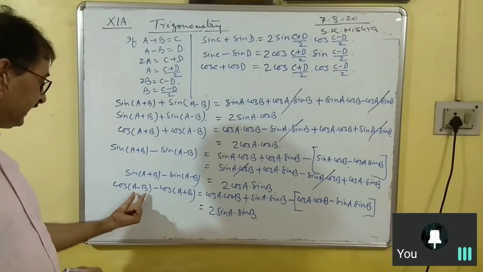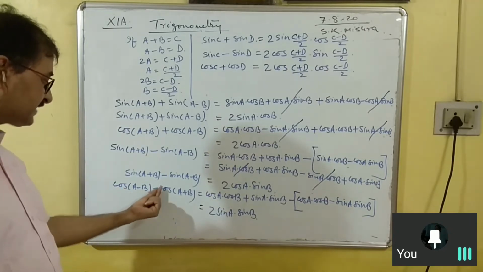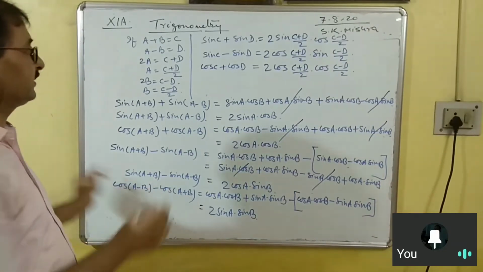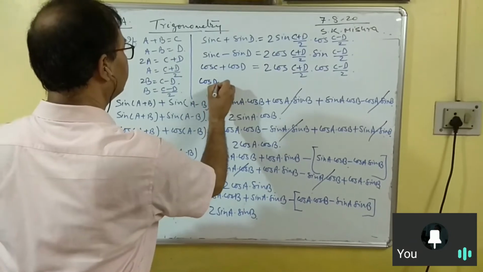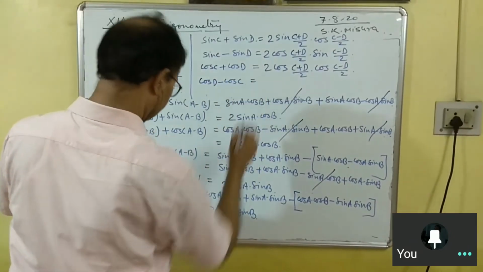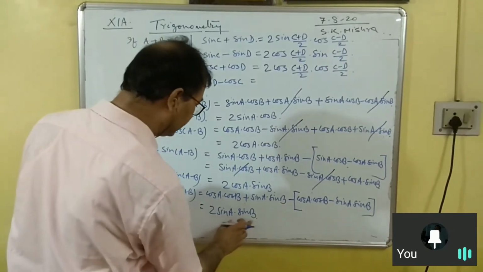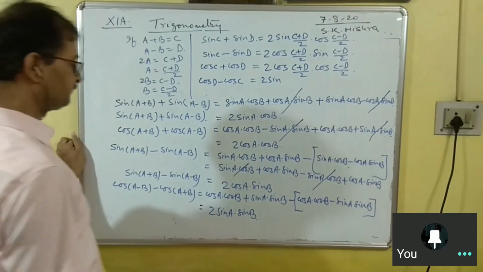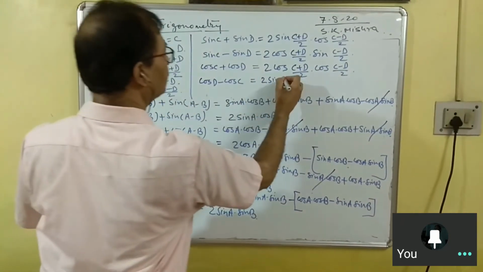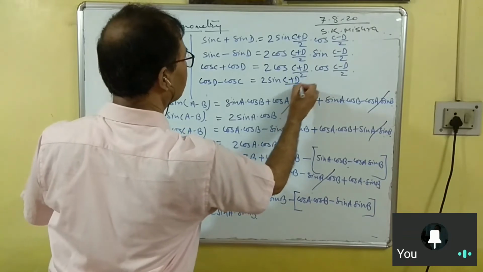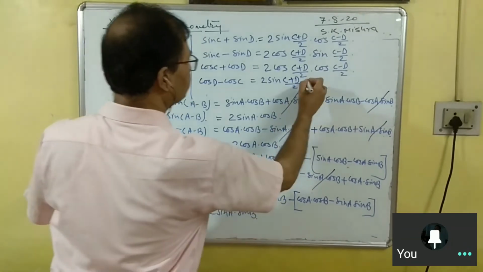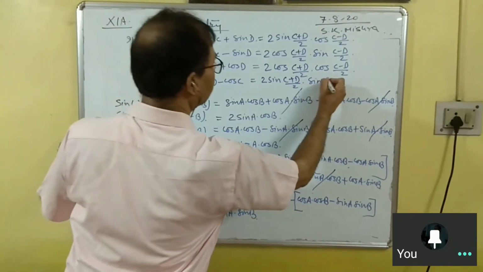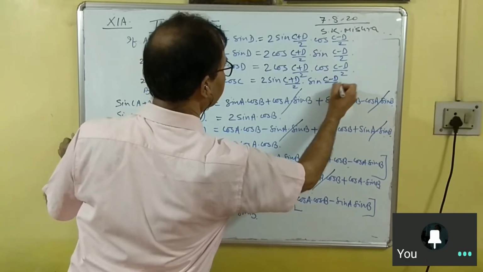And if you want to write cos C minus cos D, then take the help of this relation. Actually D is first, so cos D minus cos C. This part is C, so we are writing cos D minus cos C. The final relation is 2 sin A into sin B, where A means (C plus D) by 2 and B means (C minus D) by 2.